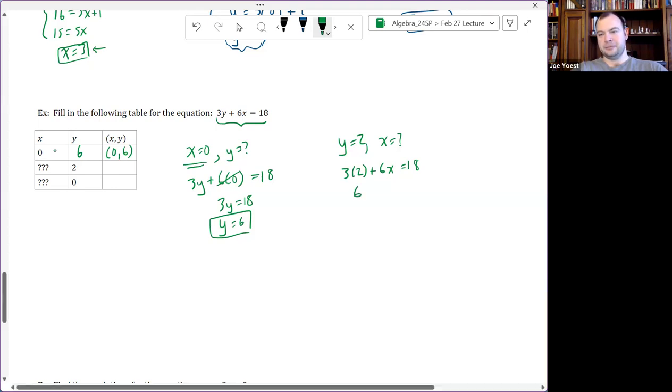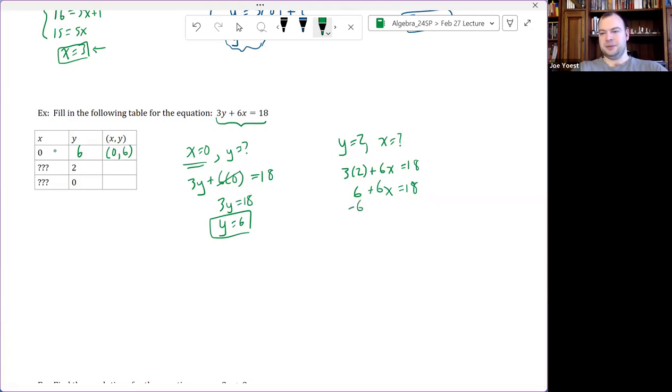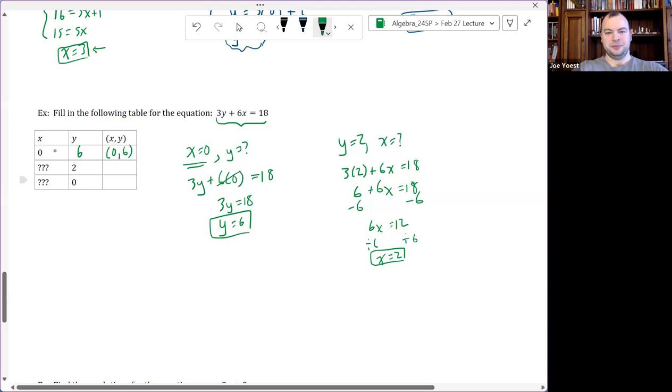I simplify. This one you might even be able to guess the answer to, but let's go through the steps. I see that if y is 2, x had better be 2 in order to satisfy this equation.